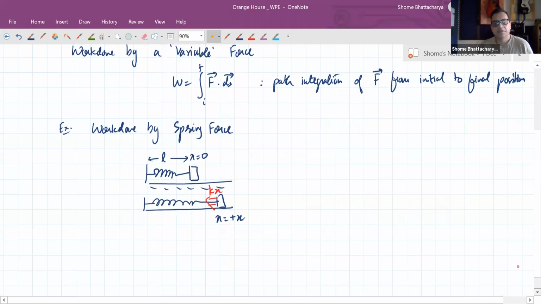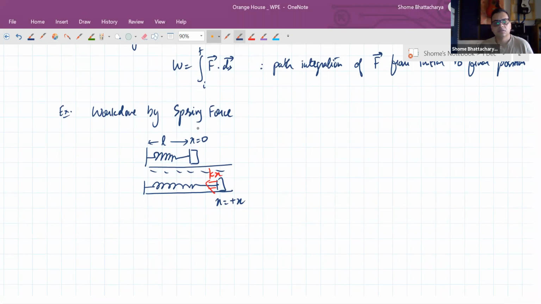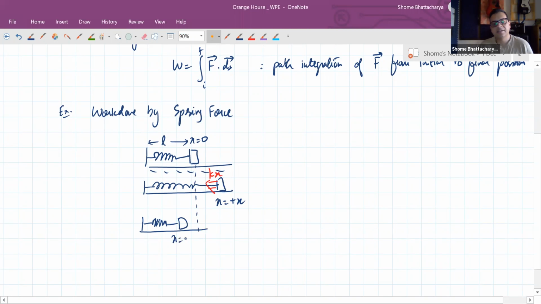Similarly, when the spring is in a compressed state, so the body is at a negative x coordinate, you can see that the spring force acting on it is like this.